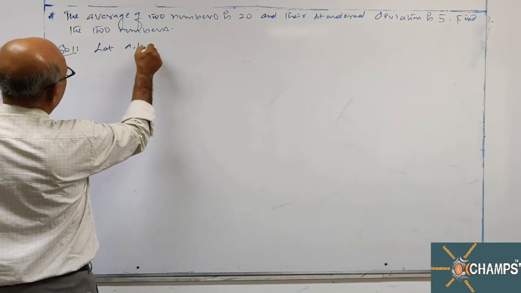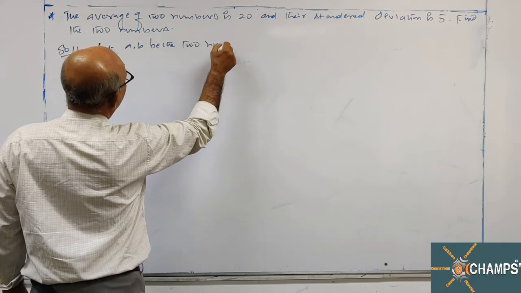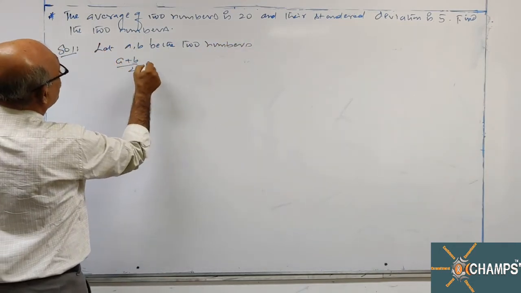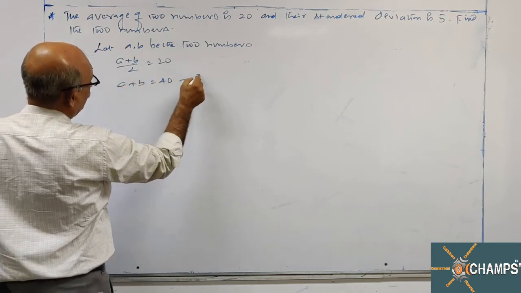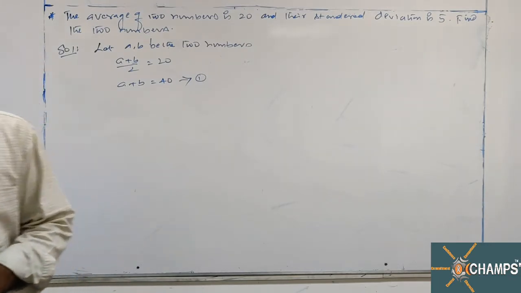Let A, B be the two numbers. Average (A plus B) by 2 is equal to 20. A plus B is equal to 40. This is equation number 1.